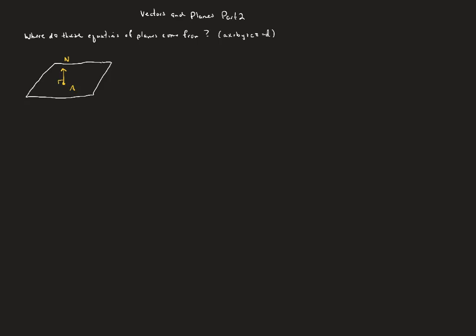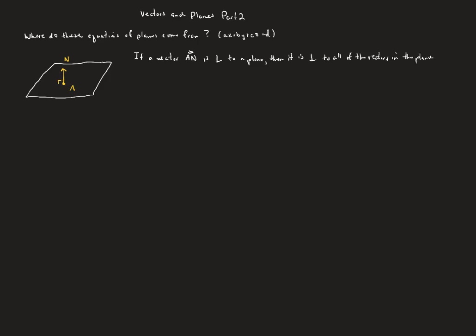So if a vector n is perpendicular to a plane, then it is perpendicular to all of the vectors in the plane. That kind of takes a moment, I think, to digest.